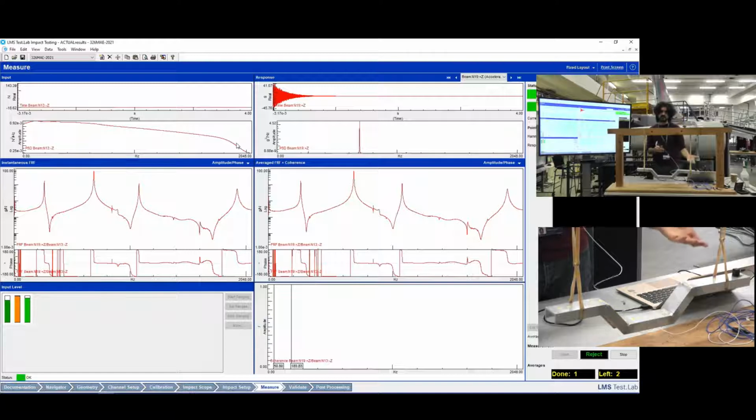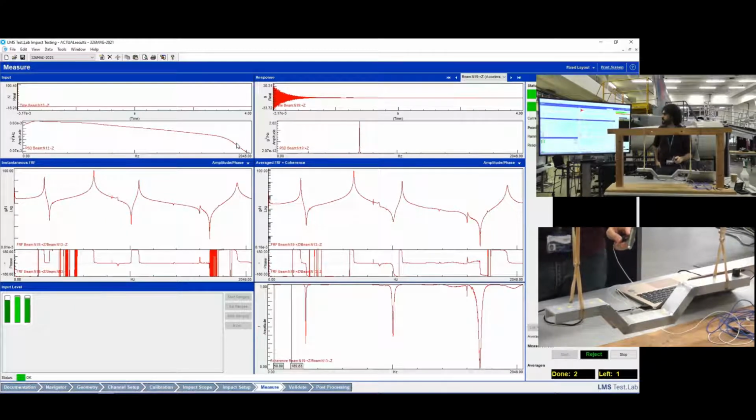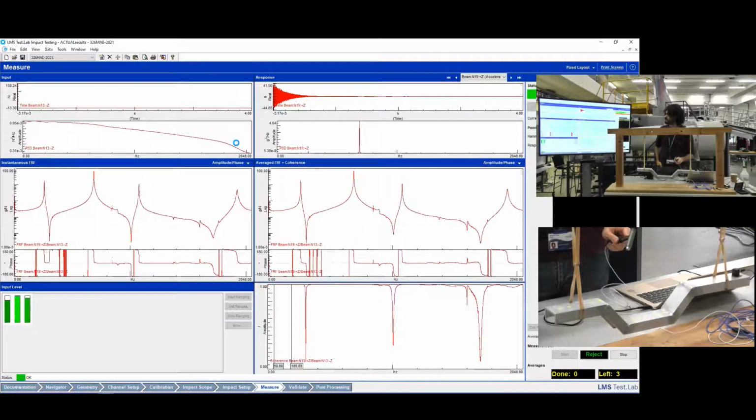But if I strike too close to the accelerometer, I want to strike softer, of course. Again, 0.13, strike 2. And strike 3. Point 14.